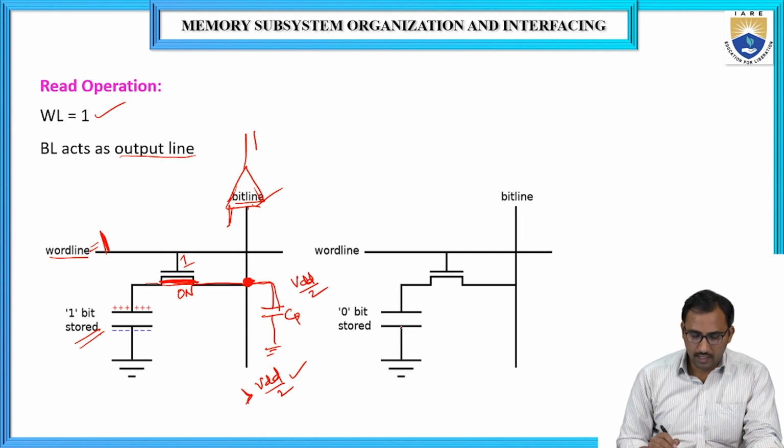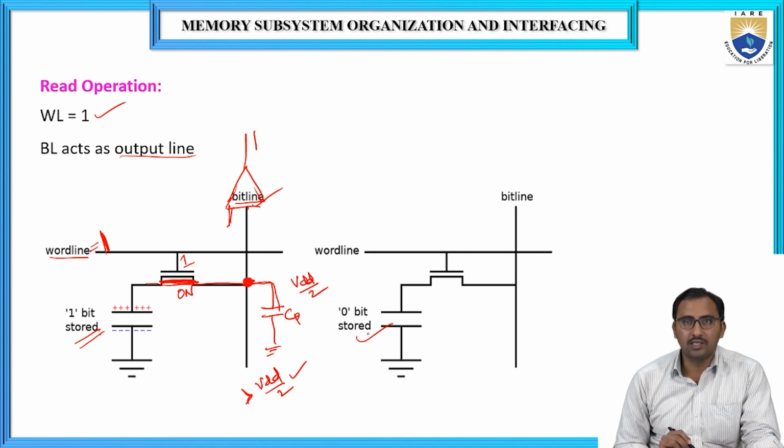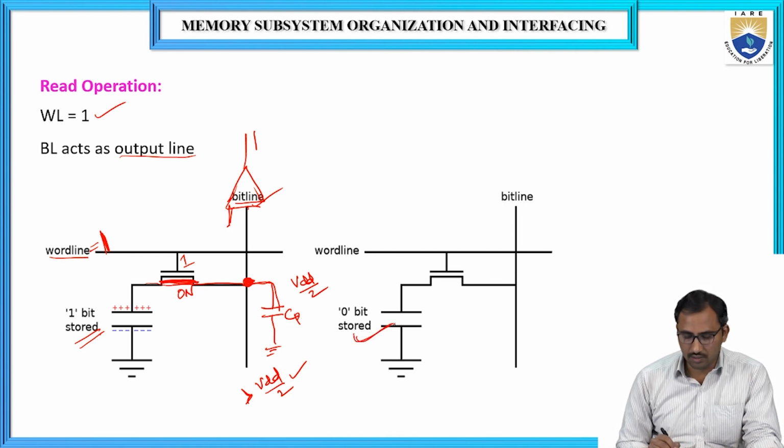Suppose the capacitor is not charged. If the word line is equal to 1, then the pass transistor will be turned on. It acts as an on switch. Then this 0 voltage will be shared with the pre-charge capacitor.